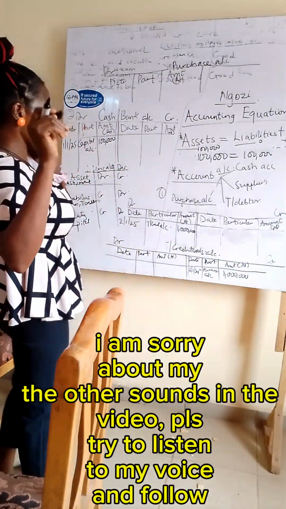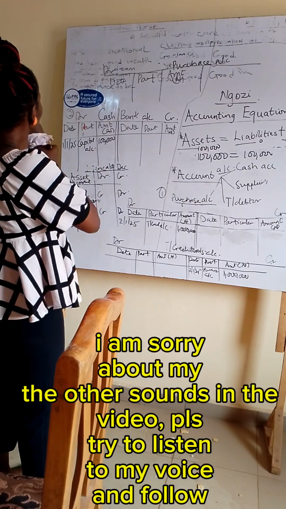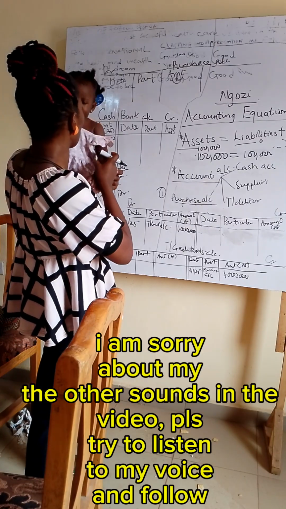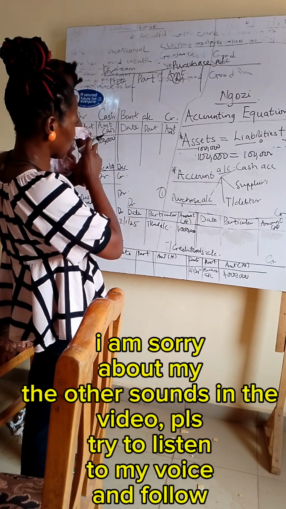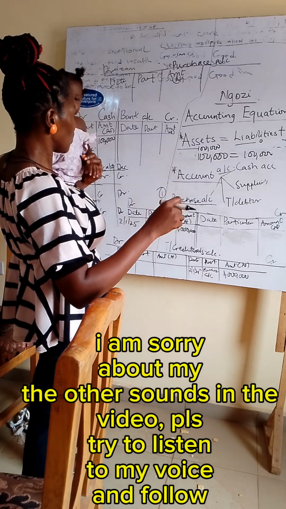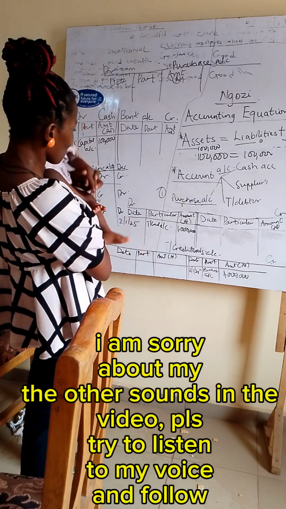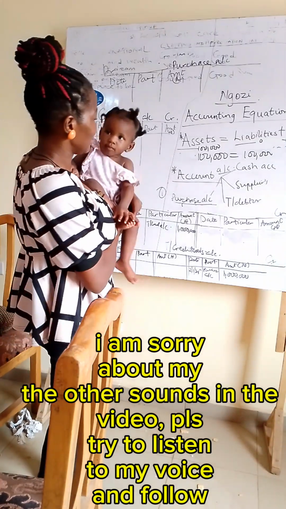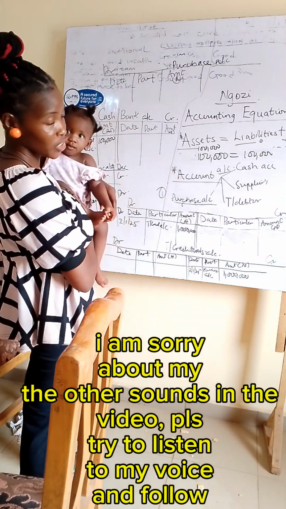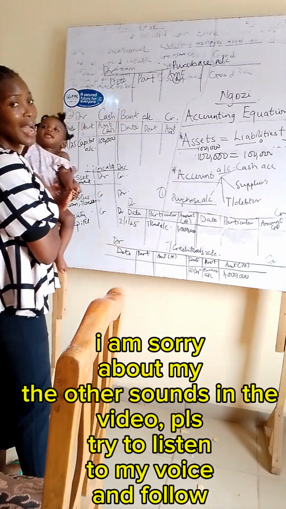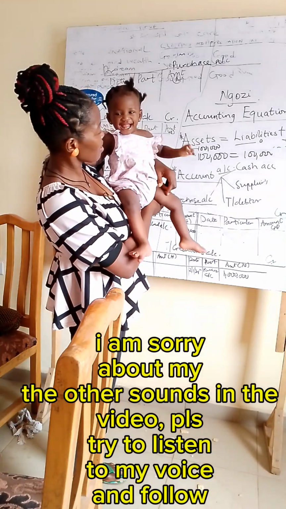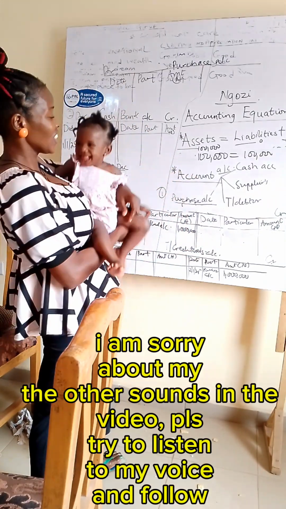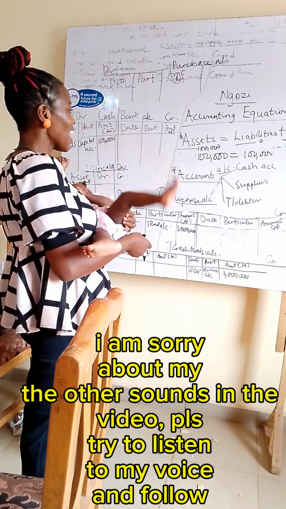So now that you have this transaction, let's see how it affects our accounting equation. Alright? So now we have 1 million as our purchases, and the purchases are your inventory. And inventory are what? Assets. Okay, you remember that? So we're going to record that in your assets.